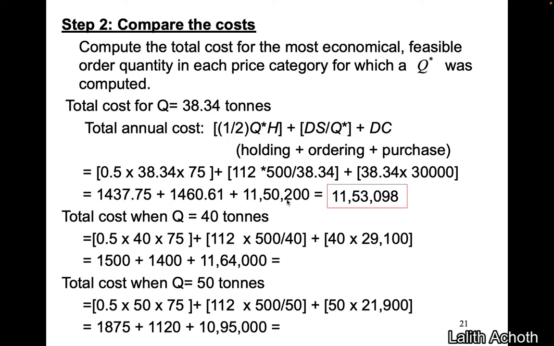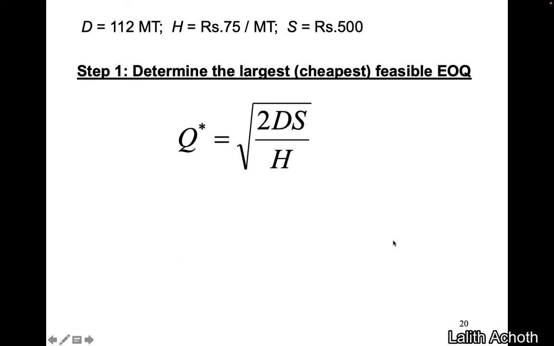Now we have to evaluate the discount. At every discount, you must evaluate what is the cost. So once you decide EOQ, and you know it's 38, then you see at 40 tons, what will it be? So the same formula, instead of 38, you put 40, 75, so you get 1,500. Then 112 into 500 divided by 40 is 1,400. And 40, because now here you get a discount. You will get a 3% discount.